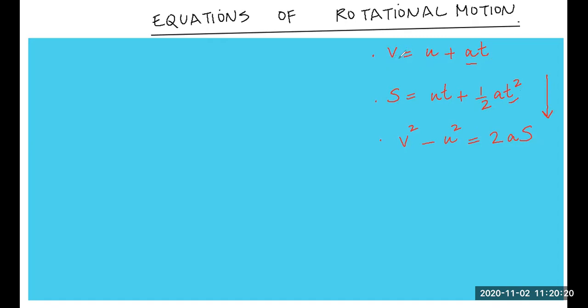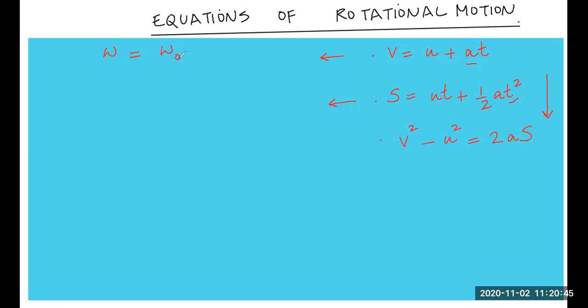That's good. Students, the counterparts of these equations in rotational motion. Let's write the counterpart of this equation in rotational motion. The final velocity is represented by omega is equal to initial velocity, u, that we write as omega naught.